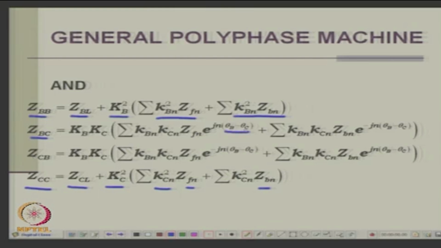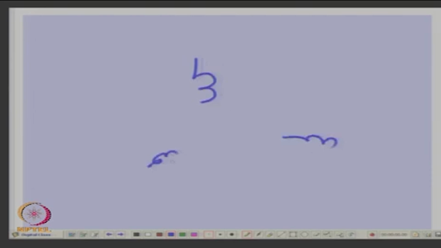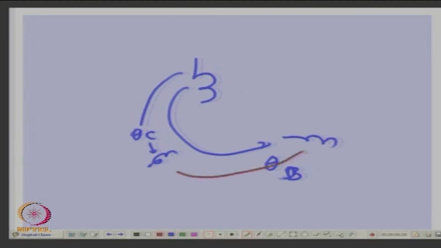The angle between B and C is theta B minus theta C. If we have these three windings, we have considered this as theta B and this as theta C, and therefore this angle will be theta B minus theta C, that is B to C. So, the voltage induced in one with reference to the other will be phase displaced by this angle, due to forward and backward fields. Forward will be in one angle, backward will be the opposite angle.